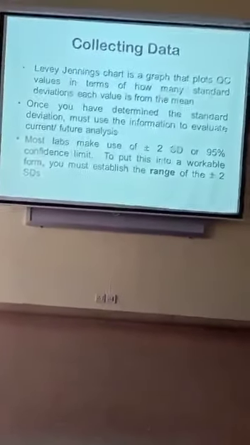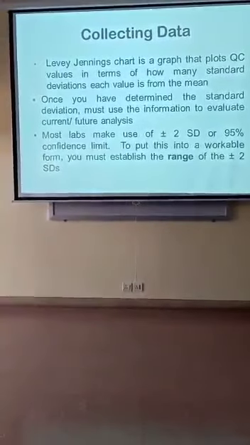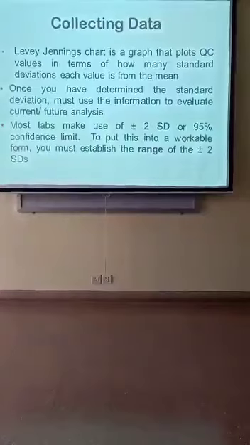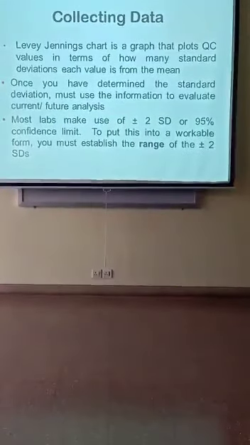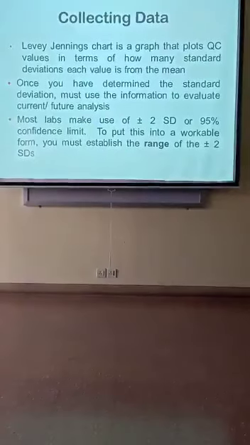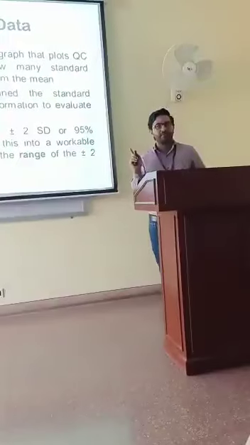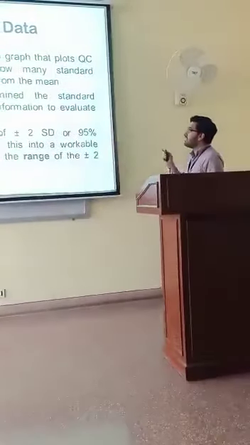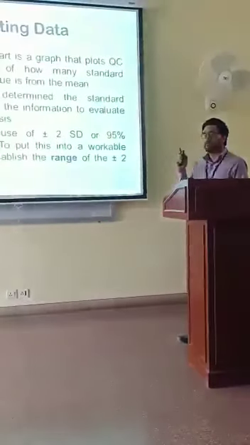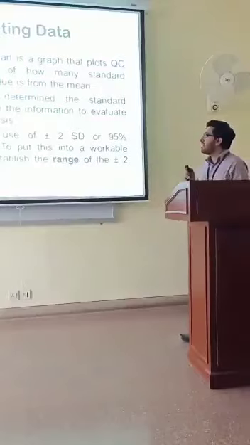Then comes the Levey-Jennings chart, on which we will plot our data to interpret the Westgard rules. The Levey-Jennings chart is a graph that plots QC values in terms of how many standard deviations each value is from the mean.